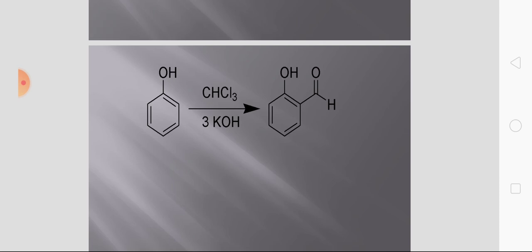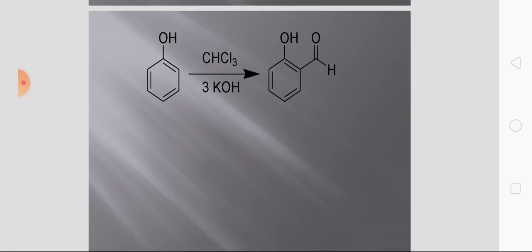Look here, when phenol is reacted with chloroform in presence of base KOH, then salicylaldehyde is formed, and the IUPAC name of this is ortho-hydroxybenzaldehyde. This is salicylaldehyde, and this is a very important reaction of phenol.